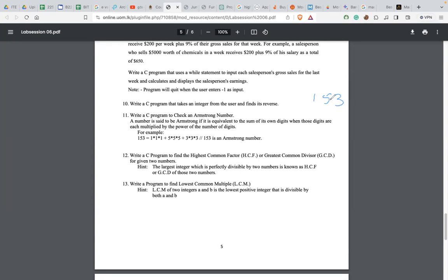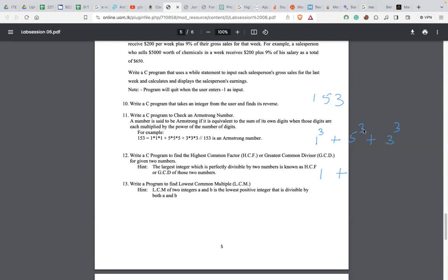How many digits are in 153? There are 3 digits. So if you have 3 digits, take the power of each digit. First one is 1, 1 to the power 3. Then you add the next digit, 5 to the power 3, plus the next digit, 3 to the power 3. 1 to the power 3 means 1 into 1 into 1, so it is 1.